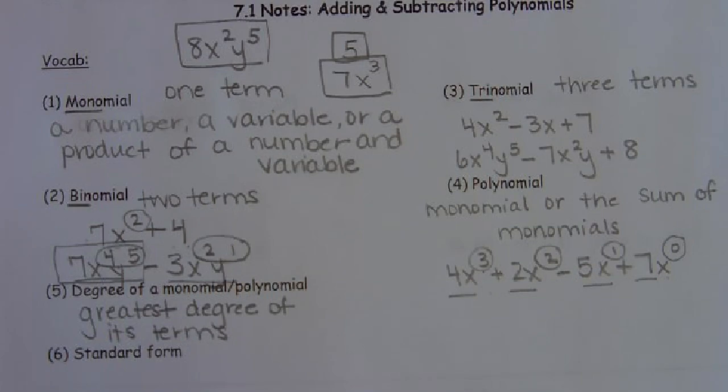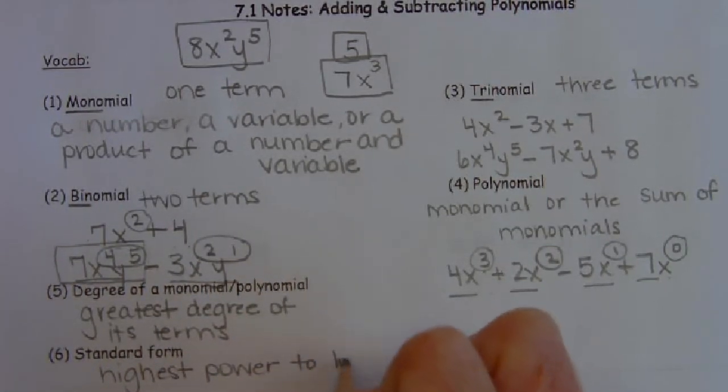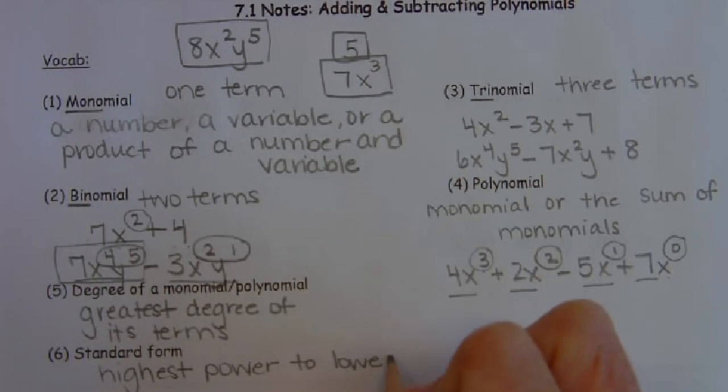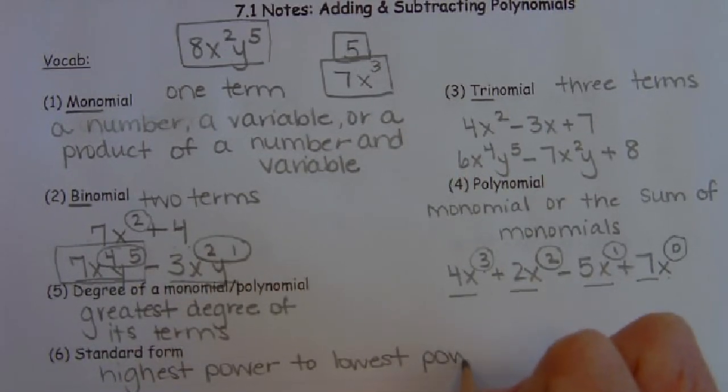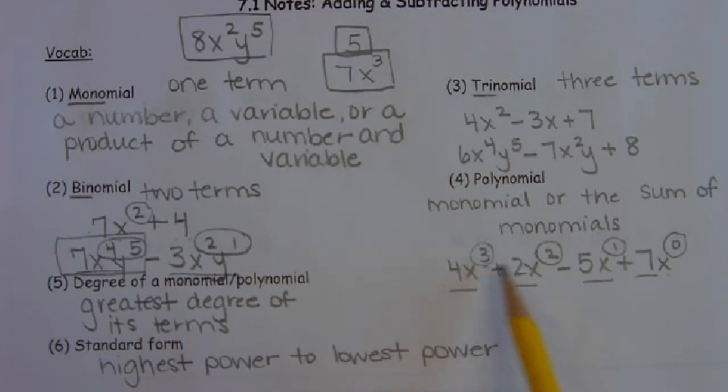Standard form is when you write a polynomial from highest power or degree to lowest power. For example, if you look at this one, do you see how the powers naturally go down 3, 2, 1, and then nothing?